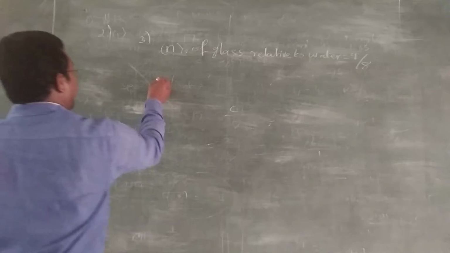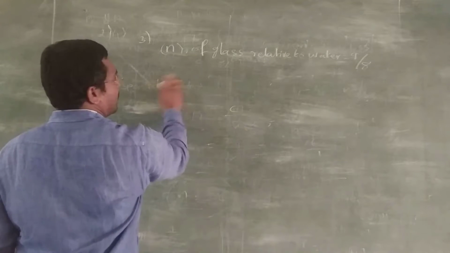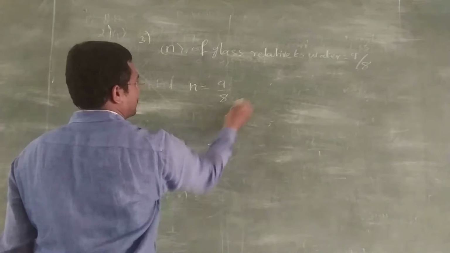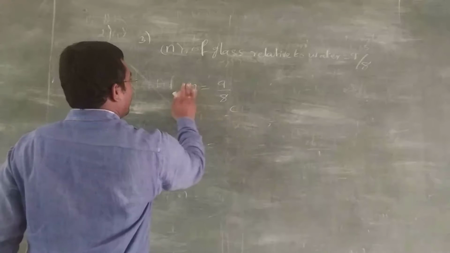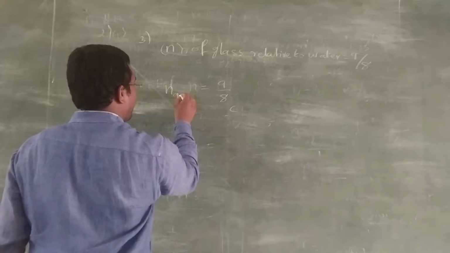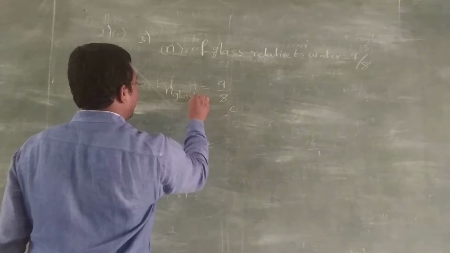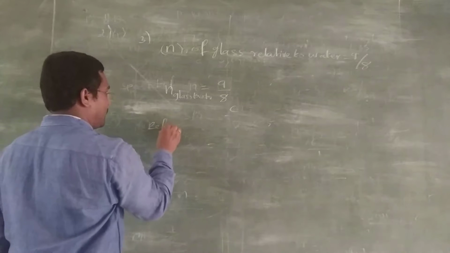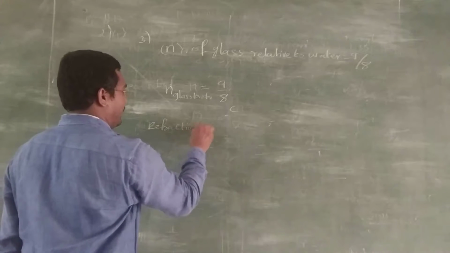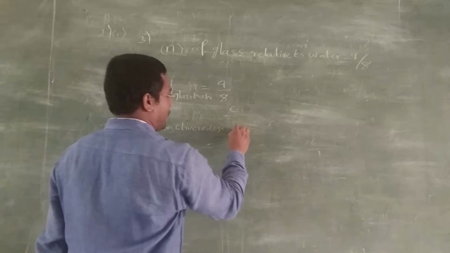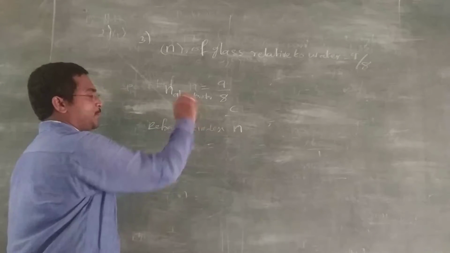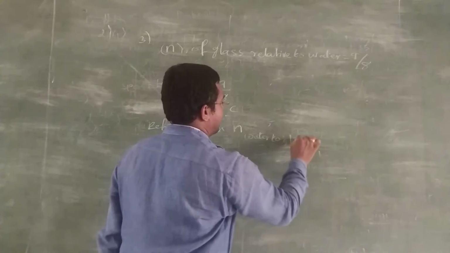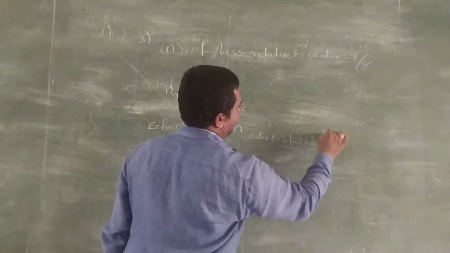So n is equal to 9/8, glass to water. Now the refractive index from water to glass is the reciprocal of this one, 8/9.